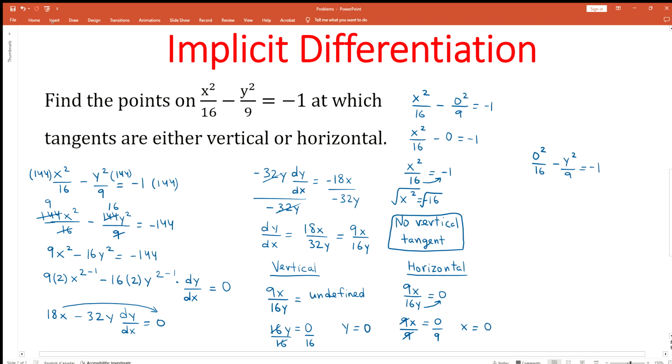Zero square is 0. 0 over 16 is 0. We can cross multiply the 9 to the right side. Next, we can divide both sides by -1.